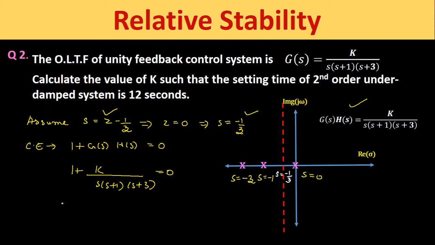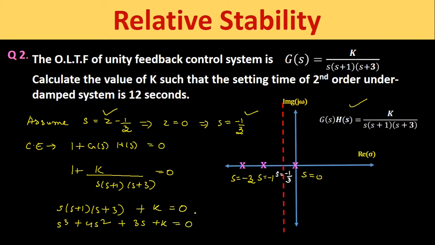So from this equation we will get s into (s plus 1) into (s plus 3) plus K is equal to 0. When we solve this equation, we will get s cube plus 4s square plus 3s plus K is equal to 0.